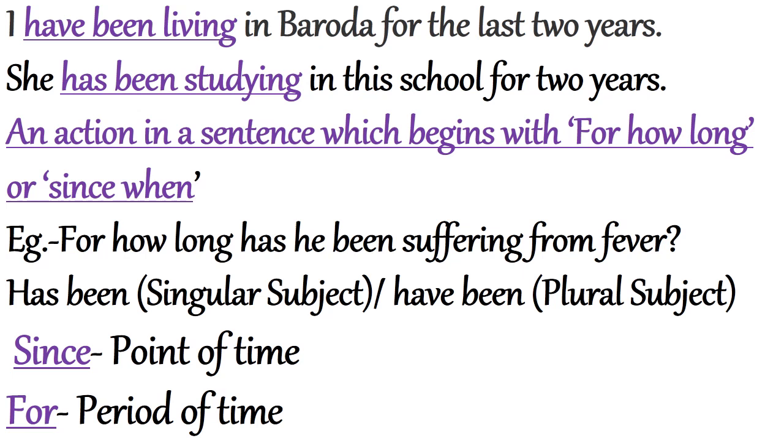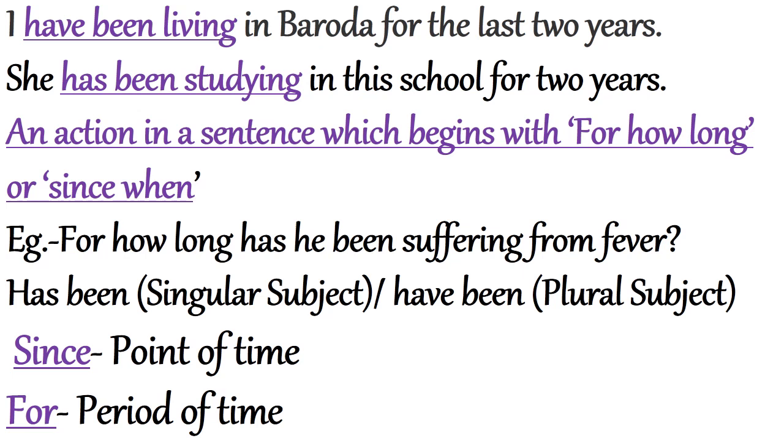Means this action of living started 2 years ago, means in past, but still it is going on. Then she has been studying in this school for 2 years. Or since 2018, we use since and for. Since is used for point of time. For is used for period of time.